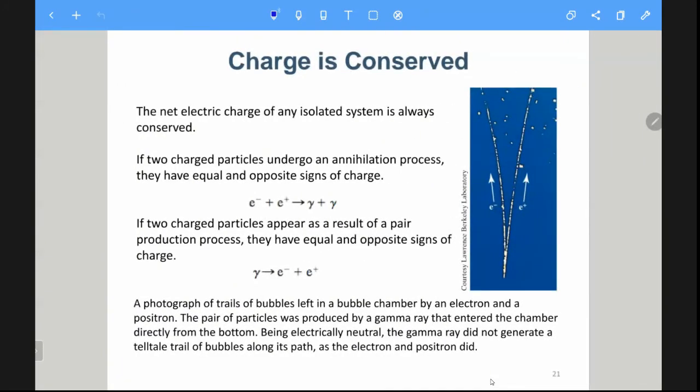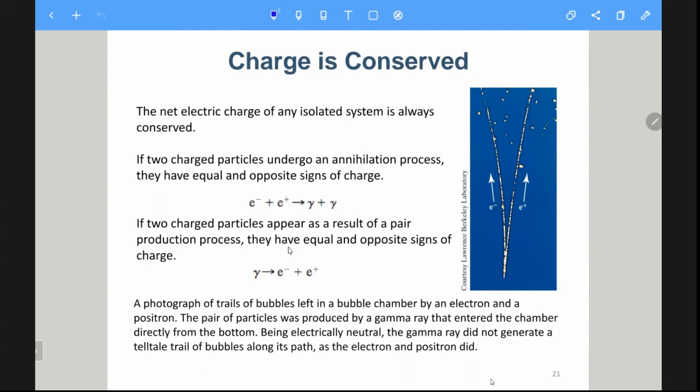Another point is that charge is conserved. So you cannot create or destroy an electron. The only reaction acting on the electron is something like the electron and the positron joining together and eliminating some power, and maybe some power will generate an electron and positron.